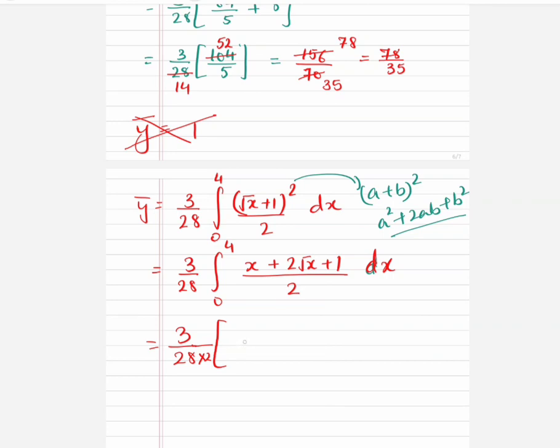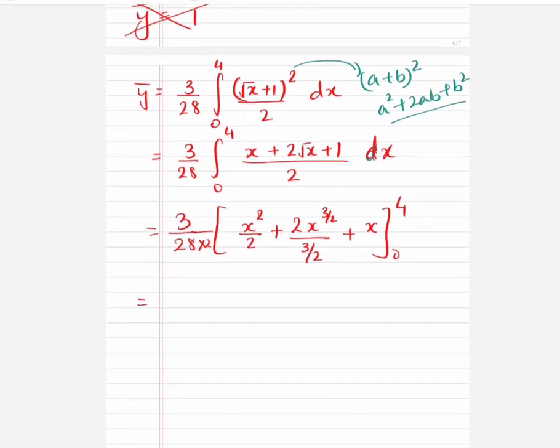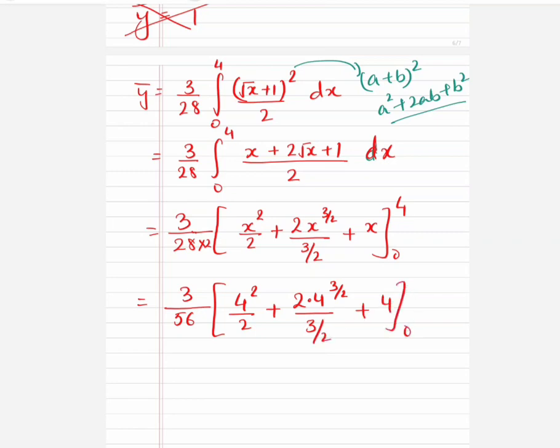I am left with x squared over 2 after integration plus 2 x to the 3 over 2 over 3 over 2 plus x, 0 to 4. Now here I have 3 over 56. X is 4, so it's going to be 4 squared over 2 plus 2, 4 to the 3 over 2, 3 over 2 plus 4, 0, we have used it, and when you put 0, it's going to give us 0.